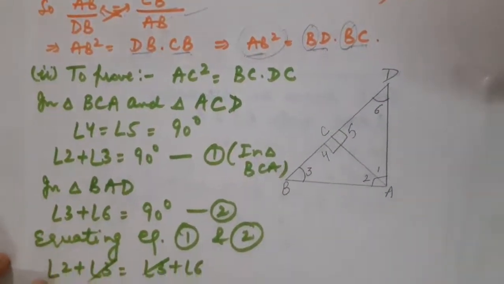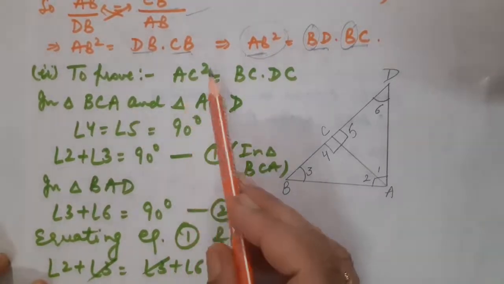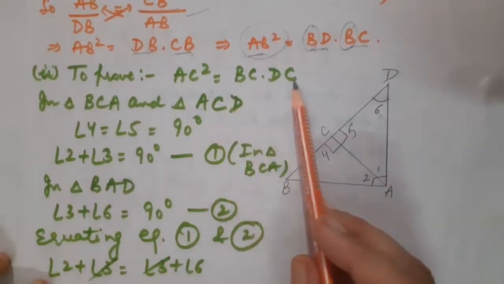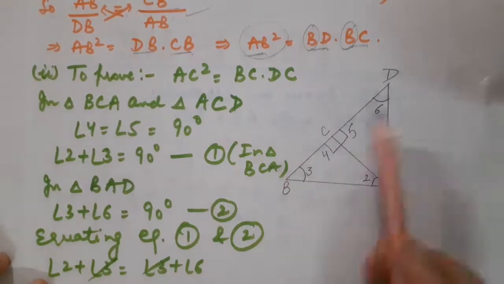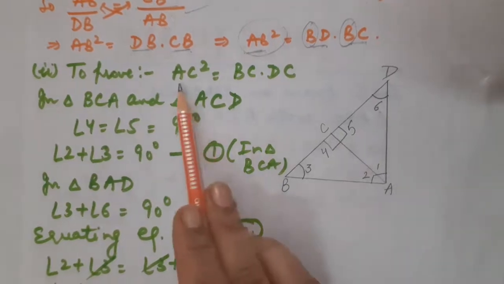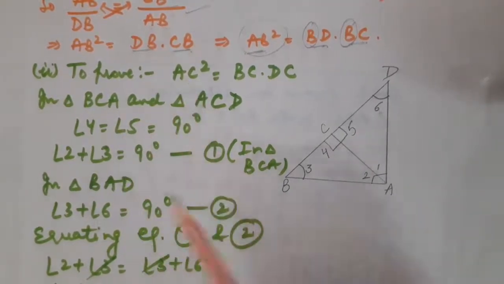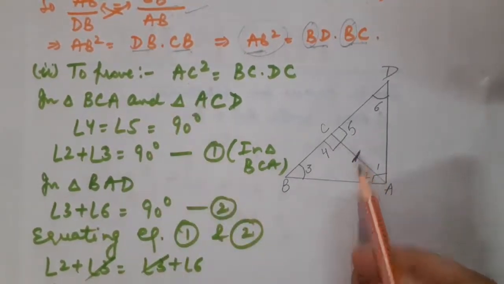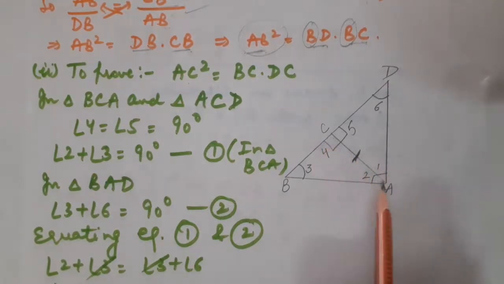In second part, we have to prove that AC square is equal to BC into DC. Here again I have drawn the diagram for your convenience. Please be alert. Now I want AC square. Where is AC? This is AC. So I want this side occurring twice. So definitely which particular triangle I have to choose?